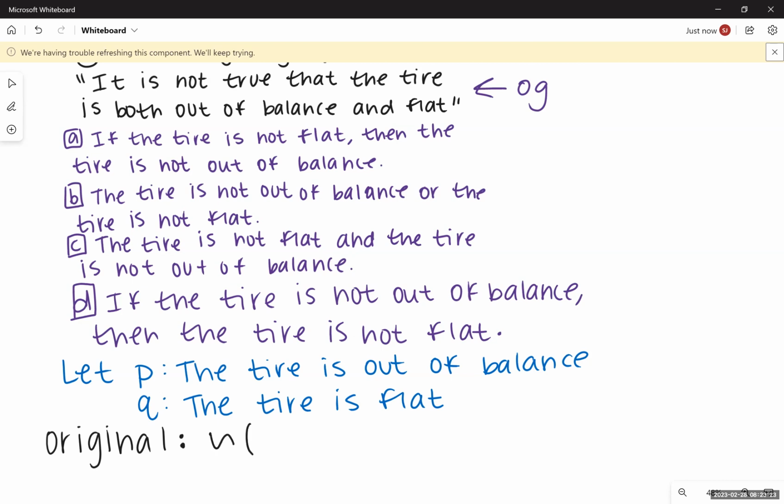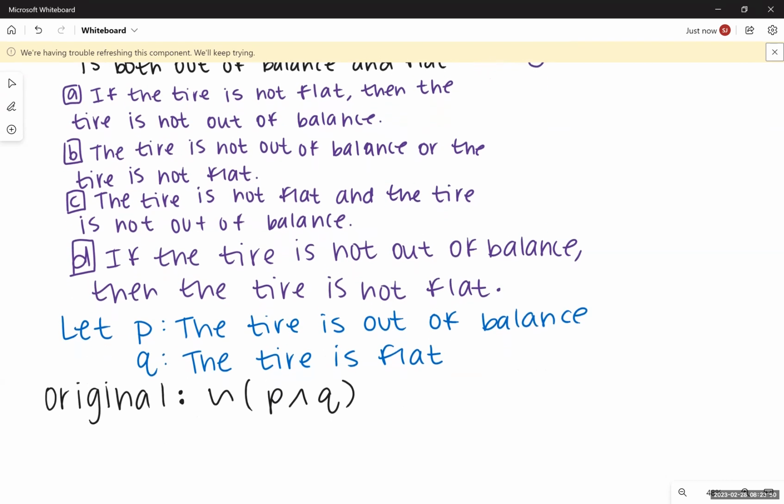So it is not true, or it is false, that the tire is out of balance and the tire is flat. That is actually symbolically what that original statement is saying. And I don't know if y'all have room to write the next 2 things, so I'm just going to keep going down because then I think that makes more sense. I can move my screen around. Y'all can't really add more room to your paper. Okay, so that's my original.